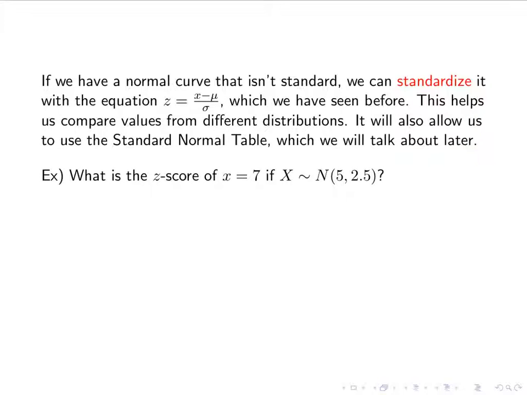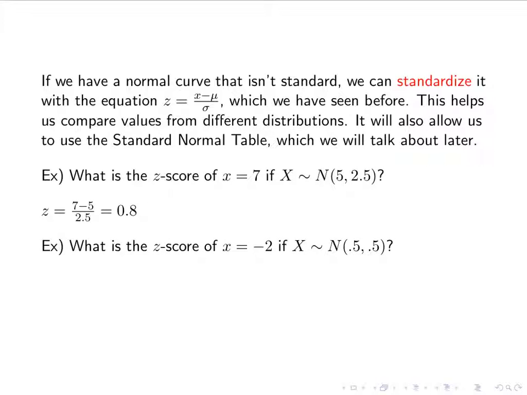So as our first example, what is the z-score of x equals 7 if x is normally distributed with mean 5 and standard deviation 2.5? So I'm going to plug it into my equation above. So x is 7, mu is 5, and sigma is 2.5. So I have 7 minus 5 over 2.5, which gives me a value of 0.8.